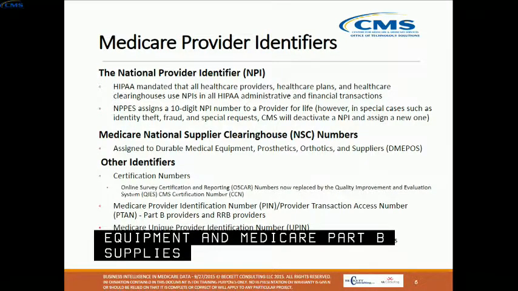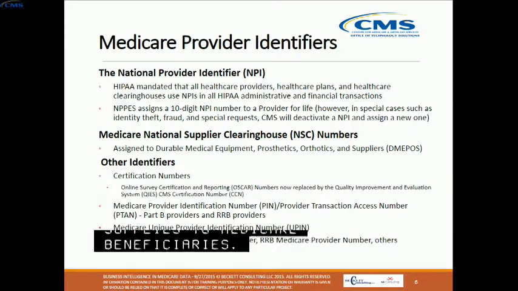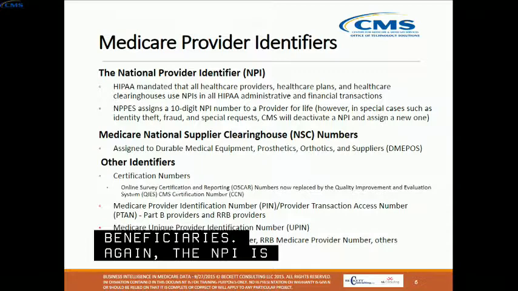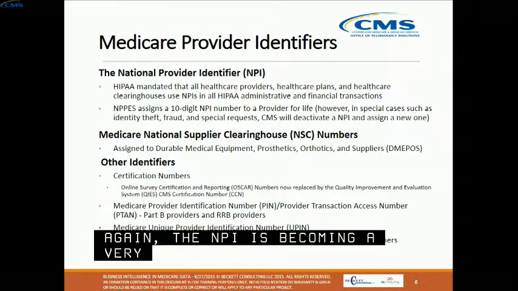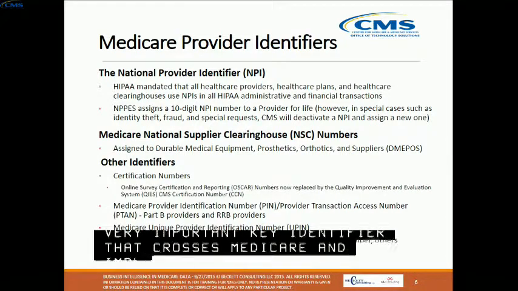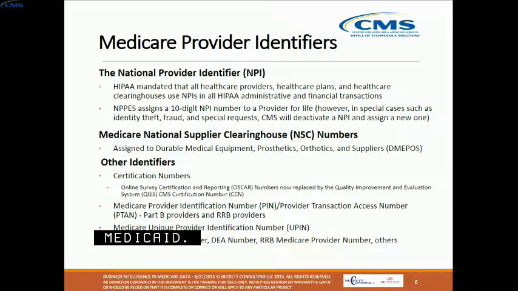So again, the NPI is becoming a very important and key identifier that crosses not just Medicare, but is also increasingly being used and implemented in the states for Medicaid. This is a way that we can now tie together providers that work in both the Medicare and the Medicaid program.